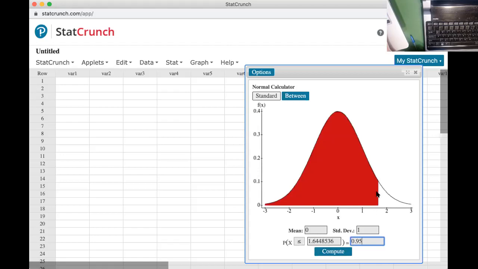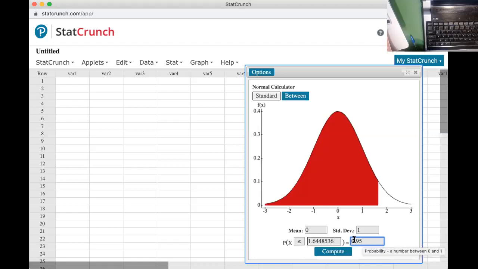So this is z for a one-tailed test. Usually in all these problems up to now, we were always doing two-tailed tests. Now we're doing a one-tailed test. If we were doing a two-tailed test, this x, which is really a z, would be greater than some number and less than some other number.